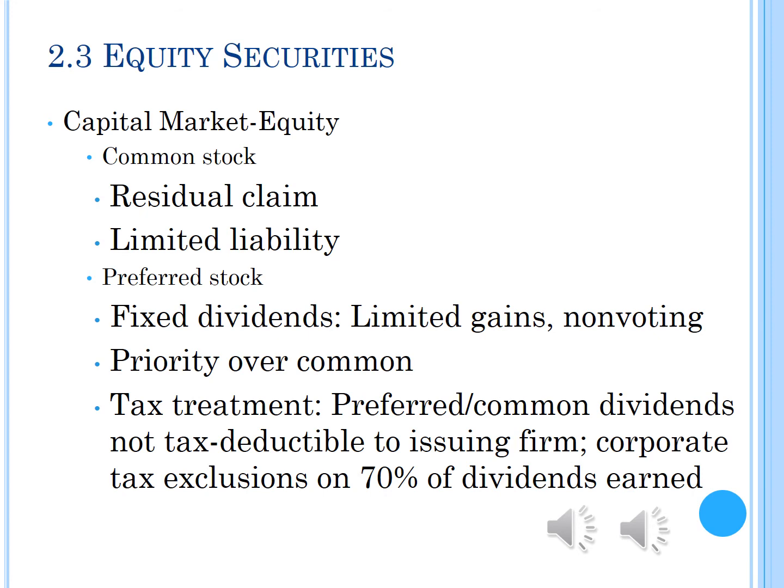The second most important attribute or characteristic is the limited liability, which basically means that the most shareholders can lose in the event of any future failure of the corporation is their original investment.